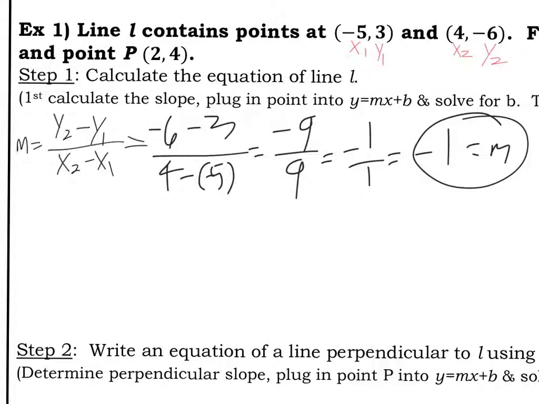The next thing I need to do is figure out my y-intercept. I'm going to turn my attention to the y equals mx plus b formula, and use the first point I'm given. You could use the second point if you want, but I'll use the first point to plug in for x and y, and use -1 to plug in for m. So instead of y equals, it'll say 3 equals -1 times -5, plus b.